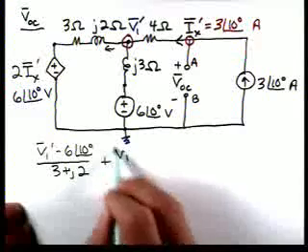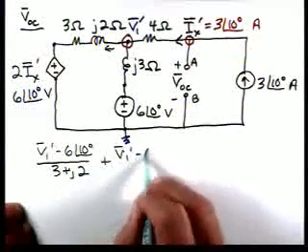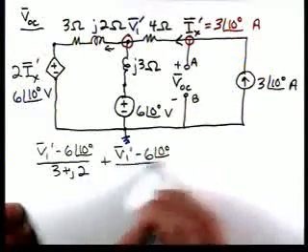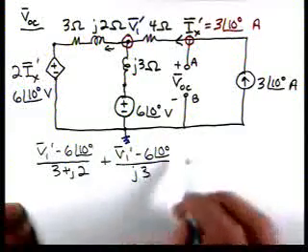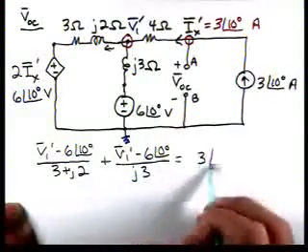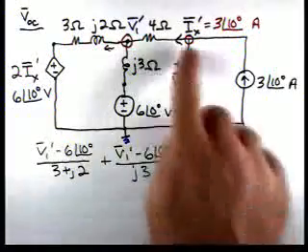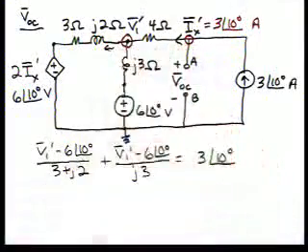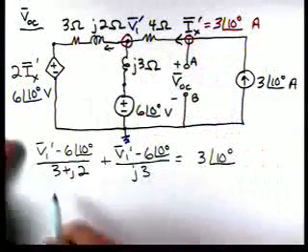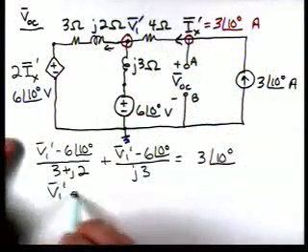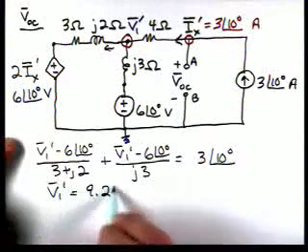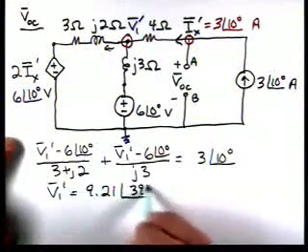Then we have V1 prime minus 6 at an angle of 0 over J3. And that's equal to 3 at an angle of 10 degrees, because if we look here, this current comes on, it's going to go right into that node. So now if we solve for V1 prime, it's 9.21 at an angle of 39 degrees.